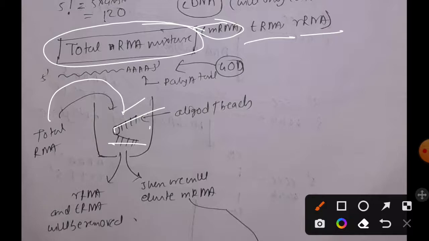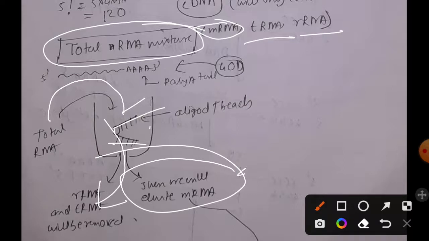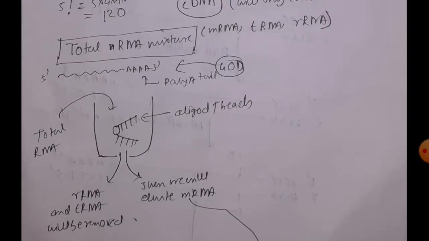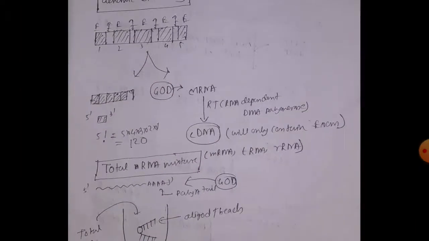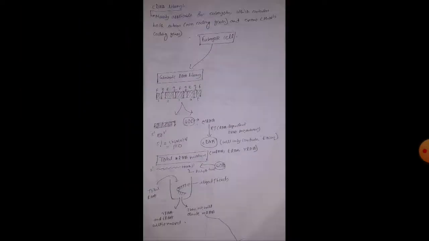All the rRNA and tRNA present in the mixture will be removed, right? And then we will elute the mRNA molecule. That means we have successfully isolated the mRNA molecule from a complex cell mixture. The first step is the total RNA sample separation. Then from that we separate the mRNA with the help of oligo-dT cellulose chromatography.